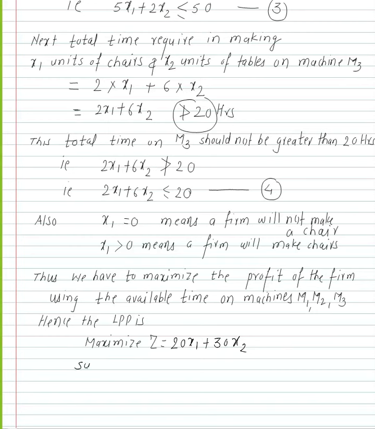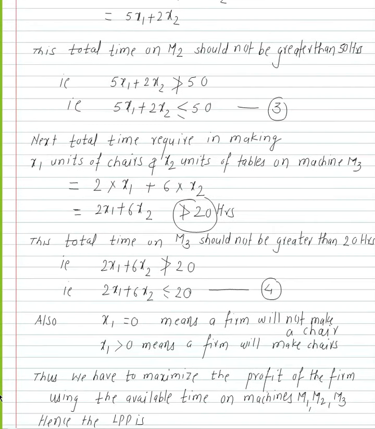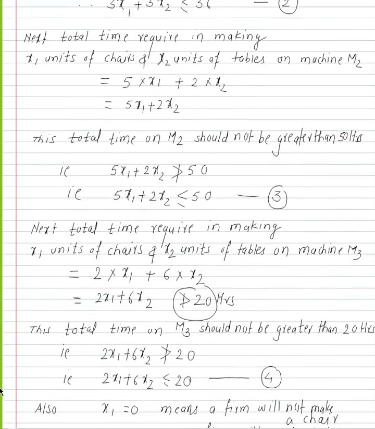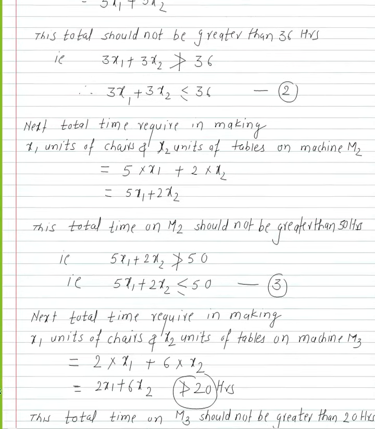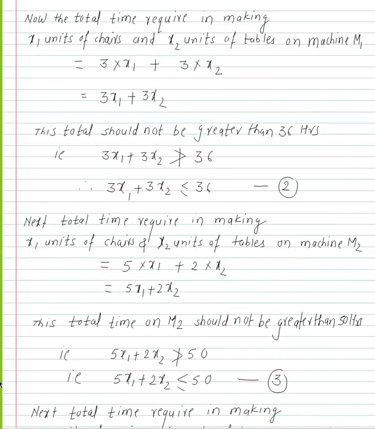subject to the following constraints. Constraint on machine M1 is 3x1 plus 3x2 less than or equal to 36.